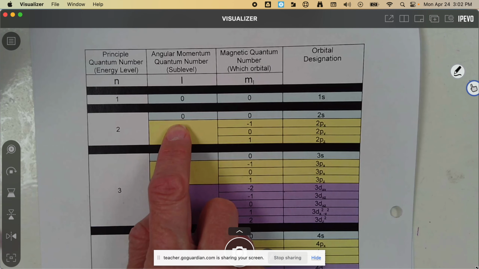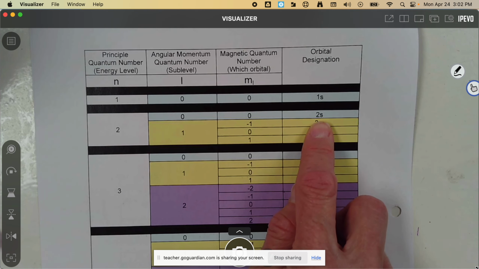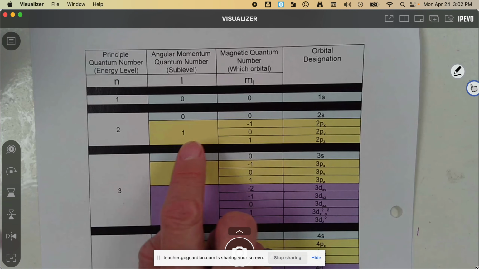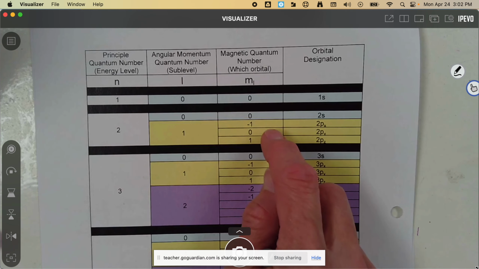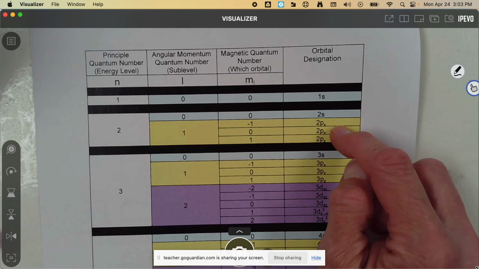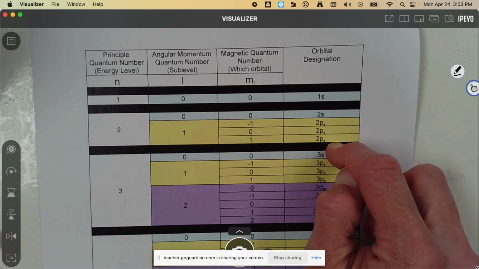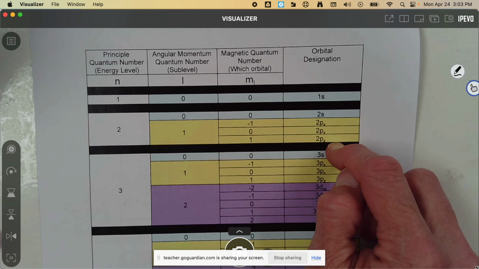If the L value is 0, M sub L is automatically 0, and we're talking about the 2s sublevel. If L is 1, we're ranging from negative 1 all the way up to 1, which accounts for the p sublevel on the x-axis, the p sublevel on the y, and the p sublevel on the z.